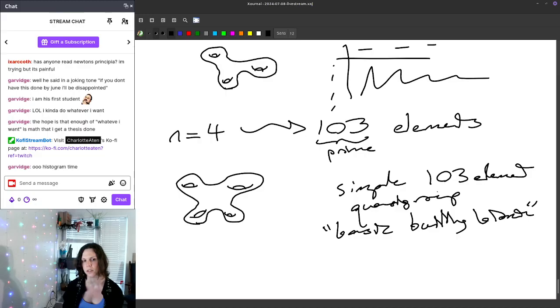For instance, a big project in the 20th century was the classification of finite simple groups, and this is basically a non-associative analog of the same type of object. This is a finite simple quasi-group instead. So like the finite simple groups, but non-associative.